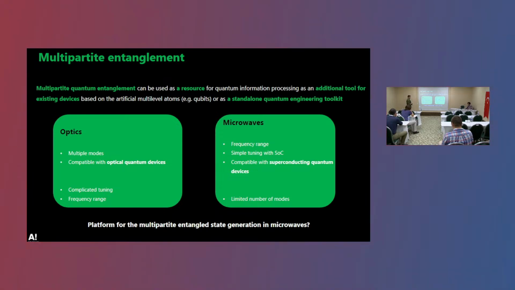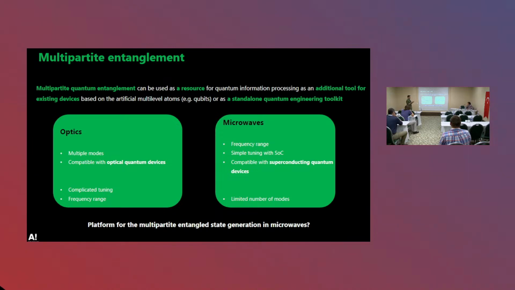And the frequency range is not compatible directly with superconducting devices, which are probably the most advanced devices for computing, at least. In microwaves, there is an urgent need to generate multipartite entanglement as well, because the frequency range is suitable for superconducting QPUs, and it can be connected to the superconducting QPUs, but also used in open-space communication and for certain detection problems.